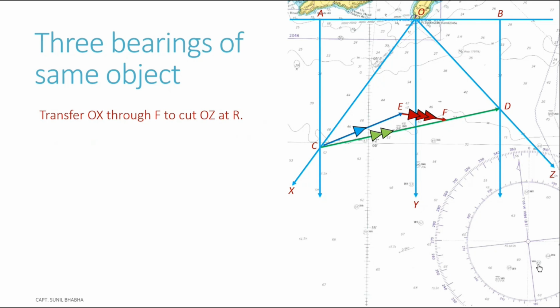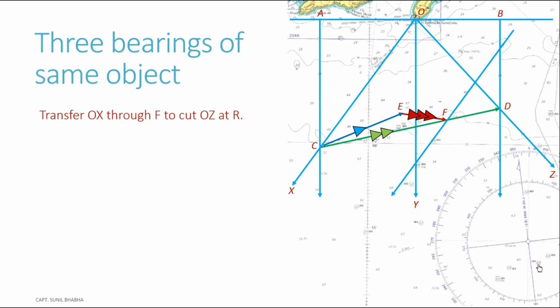Now let's see how we find our positions. For finding the position, we transfer our first bearing line, that is OX, through point F. So let's pick up our parallel ruler, align it with the first bearing line OX and transfer it to pass through Foxtrot, or F point.